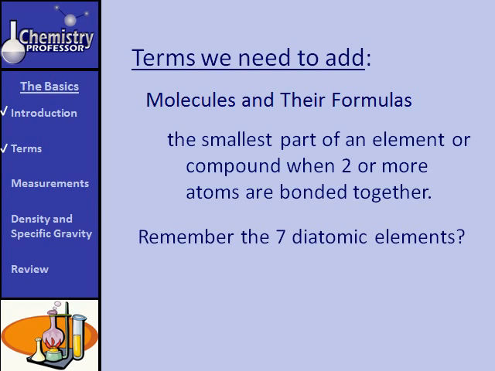For example, do you remember the 7 diatomic elements? Sure. Hydrogen, fluorine, chlorine, bromine, iodine, nitrogen, and oxygen. The 7 diatomic elements. When they occur naturally, they occur as 2 atoms bonded together, and they're called the diatomic elements.